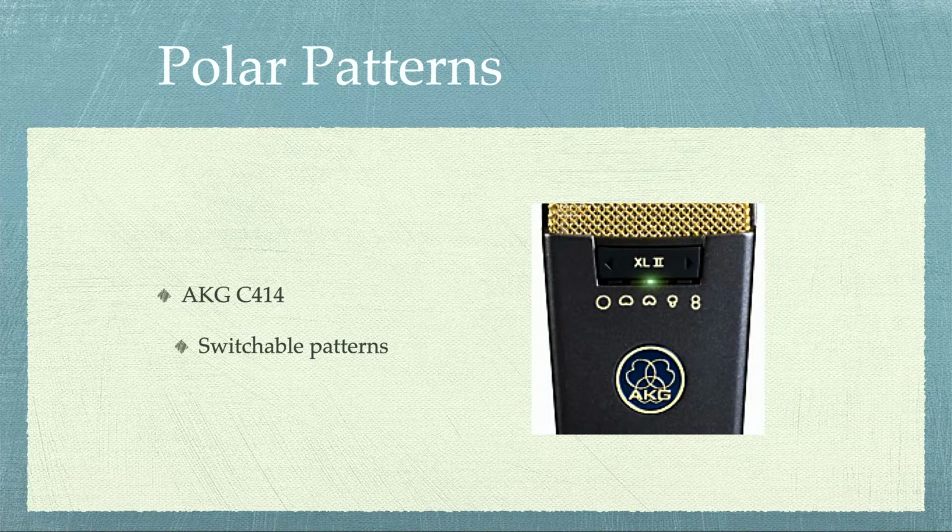I can stop halfway between the omni and the wide cardioid and get the subcardioid, the one that's just kind of directional. I can stop halfway between supercardioid and figure eight, and get a figure eight that's not quite as sensitive on the back. It's really interesting to be able to play with that sometimes. This is one of the few microphones I know that can do that.